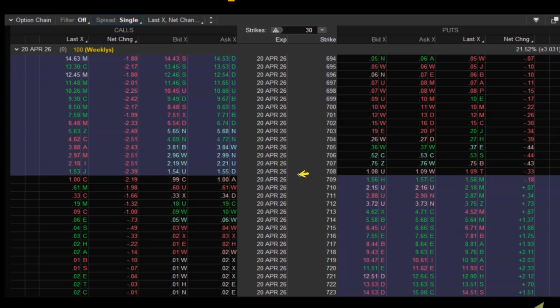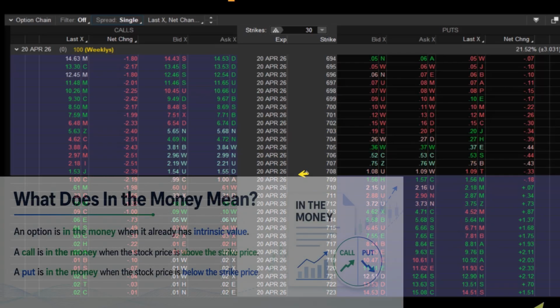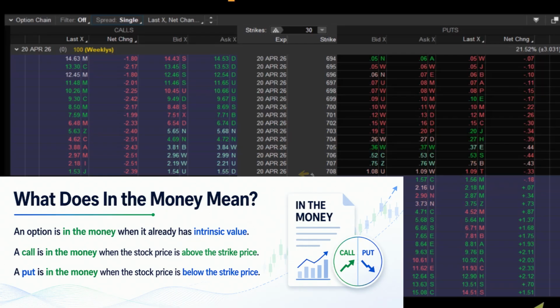Now, what does that mean? Well, it means that because price is trading right now at 708 and we have options that are trading below that on the call side, we would have higher prices for an option that's at 694 than we do for an option that's at 709.